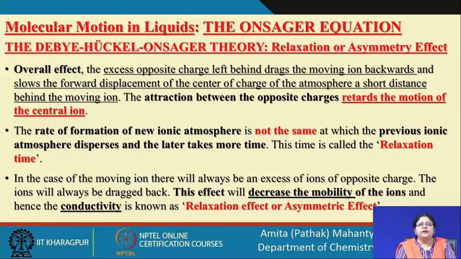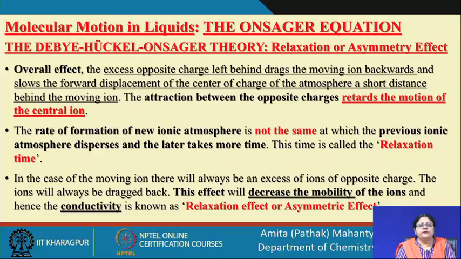They have a time lapse, or we can say there is a relaxation in time. This effect, which retards the motion of the central ion by pulling it back when subjected to an electric field, is known as the relaxation effect or the asymmetry effect.